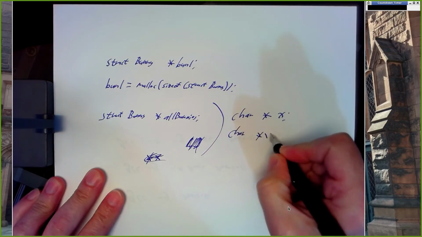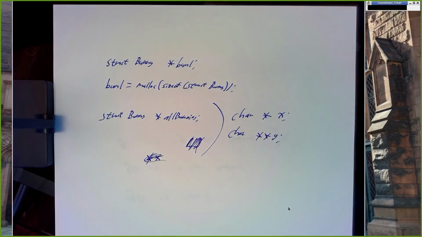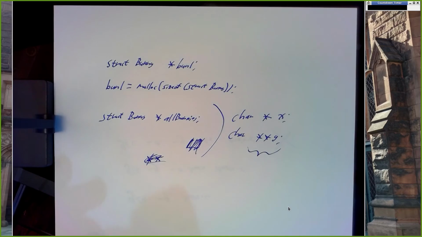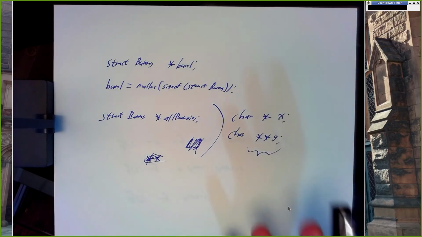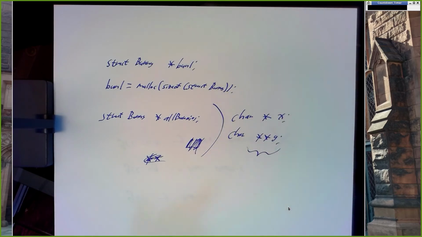Make an array Y of type char star, and try to use those. Write some mallocs, write some loops to try to store some information in there, and then go into GDB and look at what you've got. This is kind of a finishing school thing. If you can figure this difference out, you're probably done trying to figure out pointers. You've probably got it. So this is worth spending some time inside GDB. They do hurt. They're pointy.